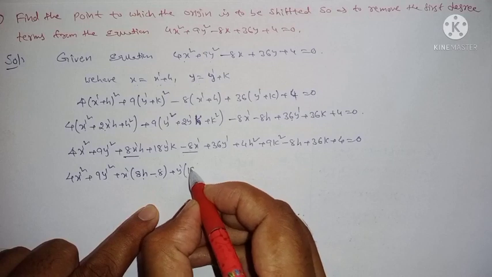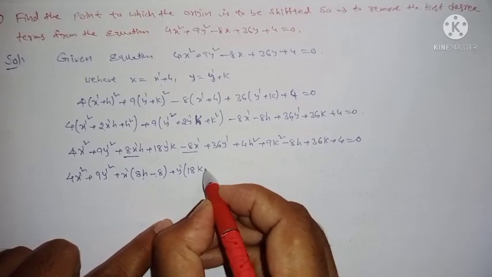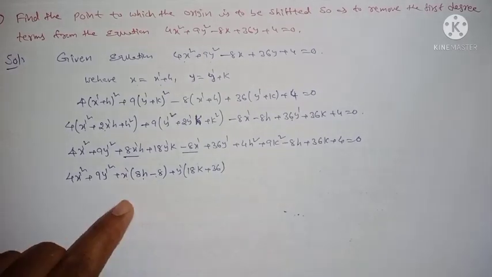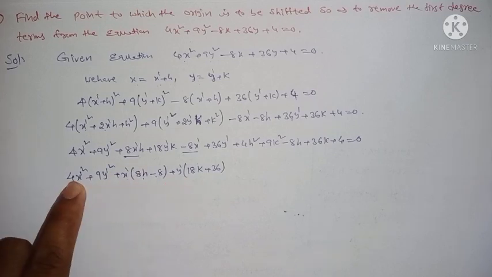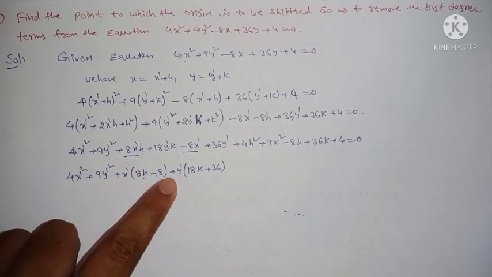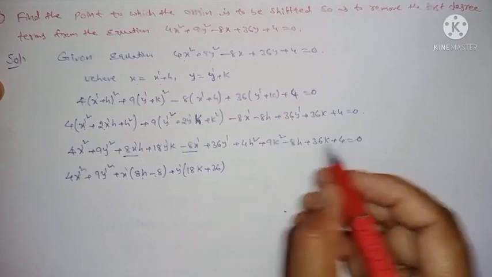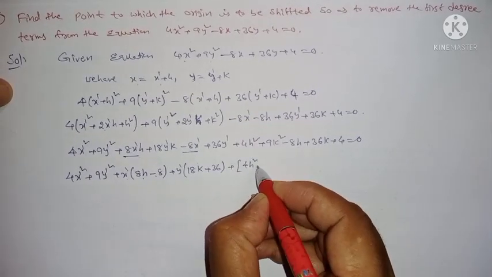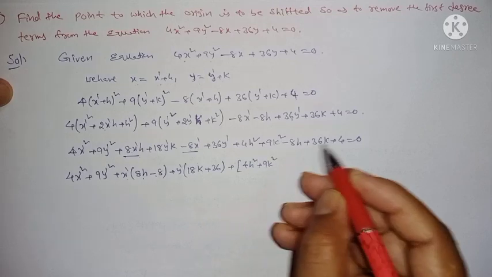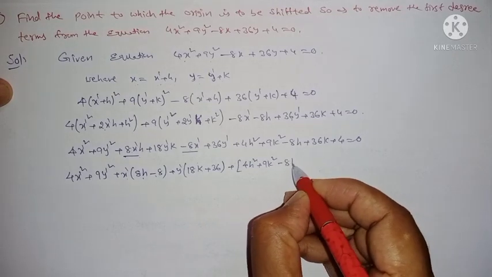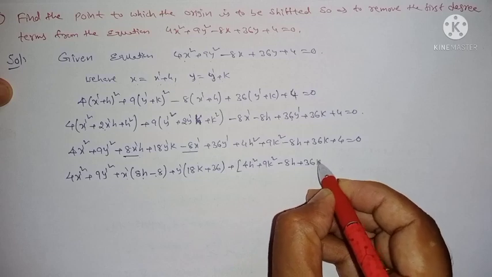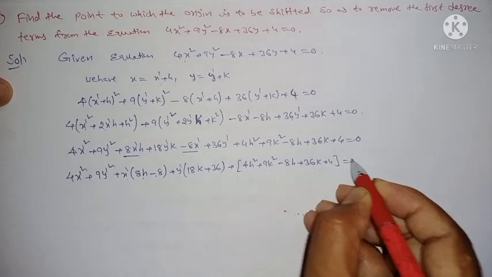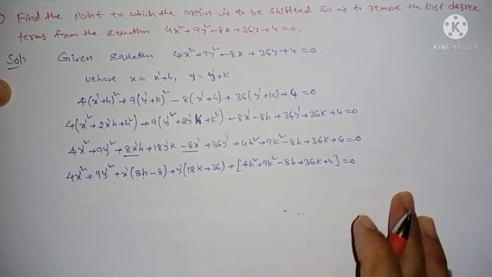What remains here? 18k plus 36. These are x dash and y dash terms: x dash whole square, y dash whole square, x dash, y dash terms. And the remaining all this is the constant. You can write it as 4h square plus 9k square minus 8h plus 36k plus 4 is equal to 0. You can observe this equation.